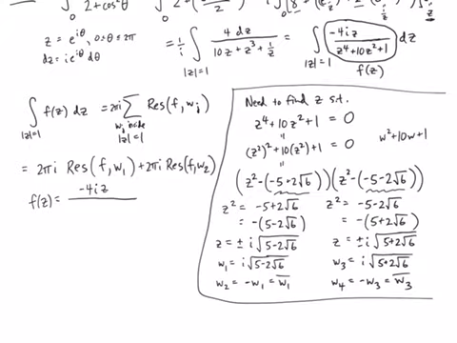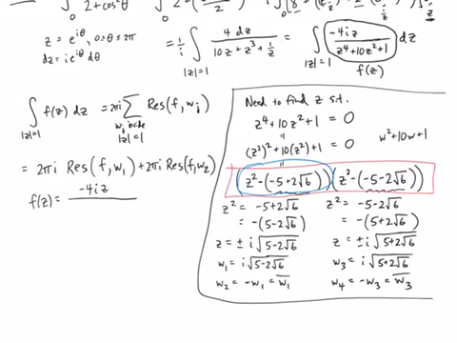But notice I factored that down here, and then we further factored each of those things. Like z squared minus negative 5 plus 2 root 6. The roots of that polynomial are w1 and w2 by our calculation, so that polynomial must be z minus w1 times z minus w2.